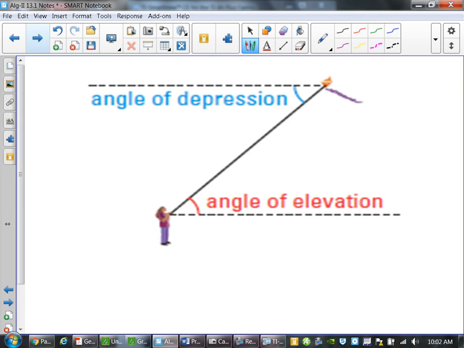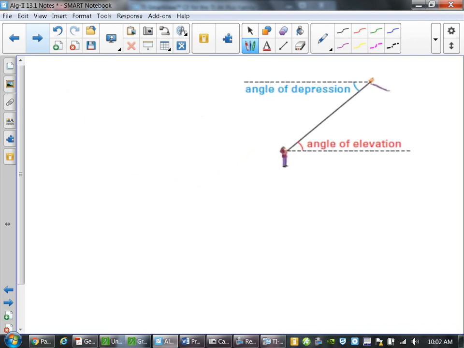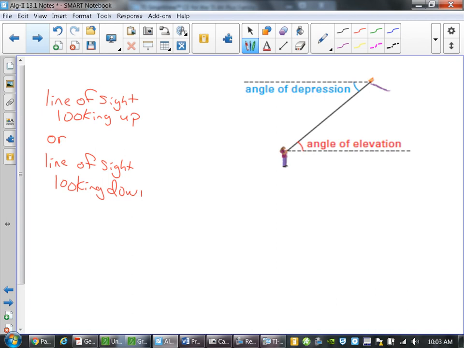Angles of elevation, angles of depression. Think of it this way. Line of sight looking up, or line of sight looking down. What comes into play here is the ground.